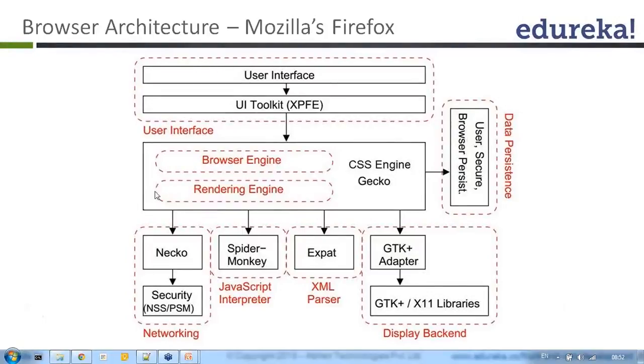You will have a browser engine, a rendering engine, and a module which takes care of networking. Again, a module which interprets JavaScript, and an XML parser module for parsing your HTML page. XML, because XML is a very generic version compared to HTML. That's the reason why they use an XML parser to parse both HTML and XML.